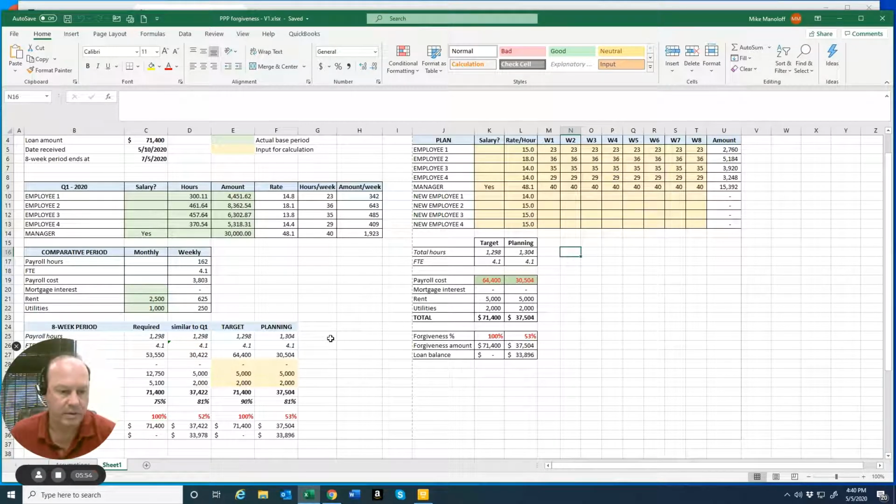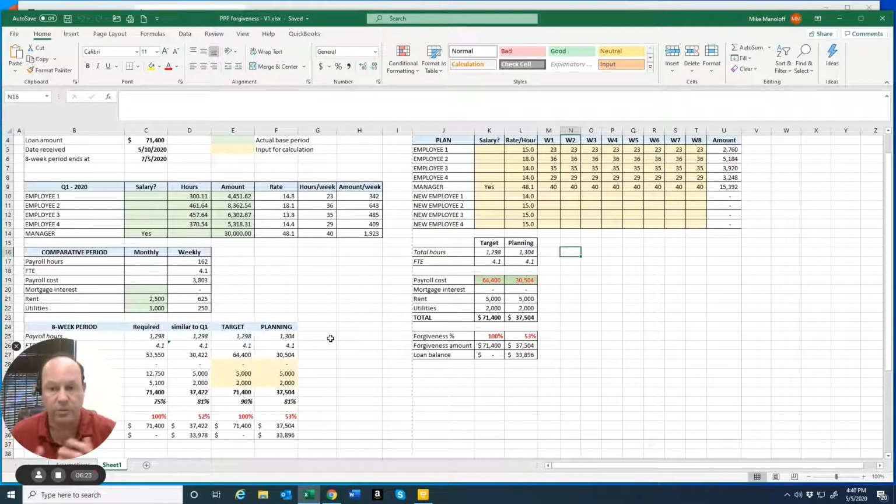You go to court on this, and that former employee gets up on the stand and says, "Yeah, my boss was a shyster. He just wanted to get 100% loan forgiveness, and then he reduced my wages again." You've lost. Maybe legally not. I'm not an attorney on this, but I just want to take that route. So don't bump up the wages just for the sake of doing the loan forgiveness.